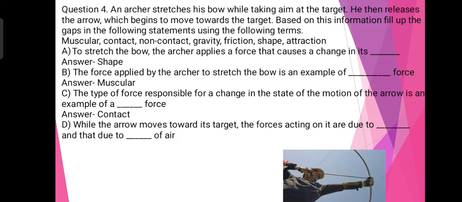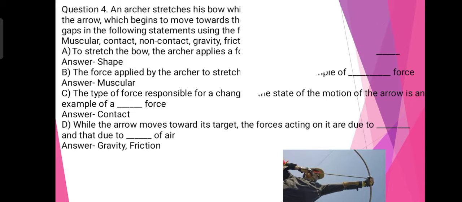D. While the arrow moves towards its target, the forces acting on it are due to gravity and that due to friction of air.